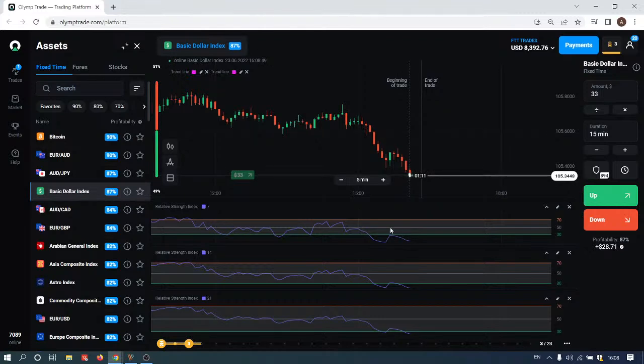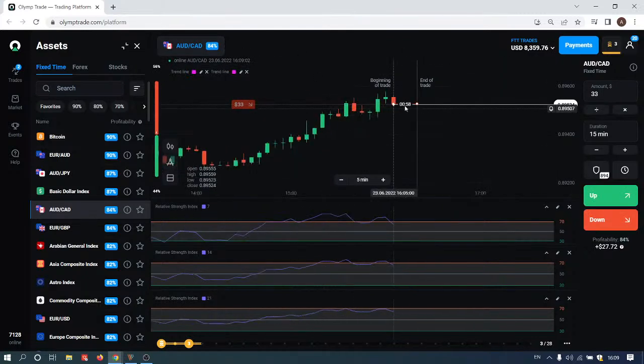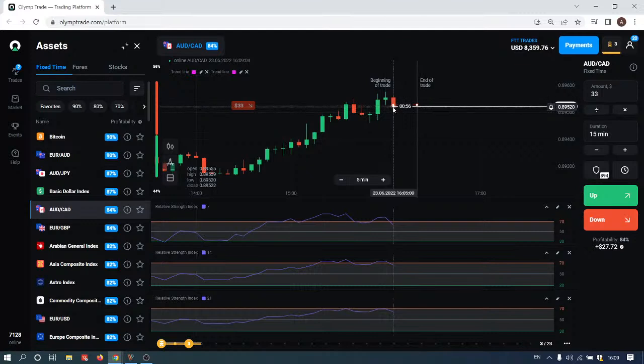Now, I can see that all three indicators are in the oversold area or under the 30 line in each one accordingly, so based on this I can open trades. Now, AUD/CAD, my next trade is on the Australian dollar against the Canadian dollar.